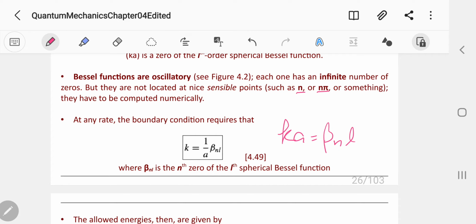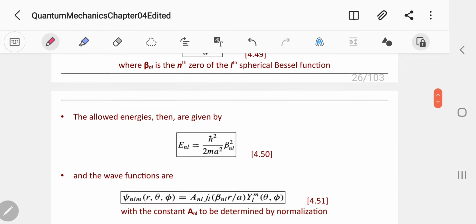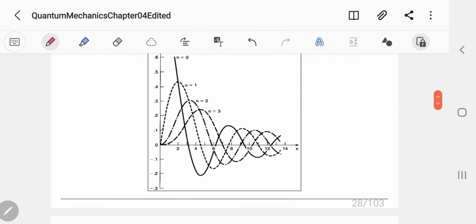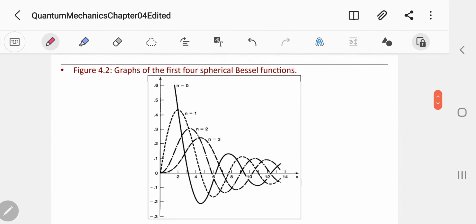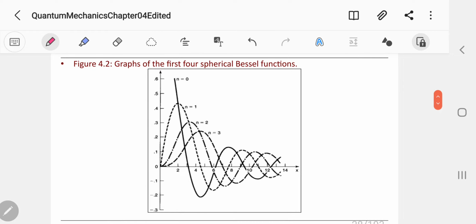By the way, I'm sorry for that. Look at this. We go back to the figure here. The first four spherical Bessel functions. Look at the oscillation of this dashed line. It goes back to here.